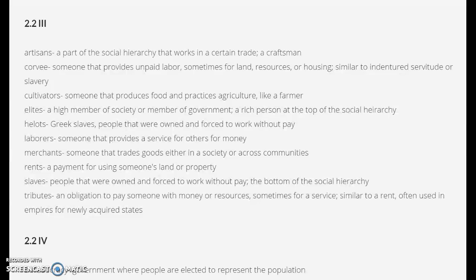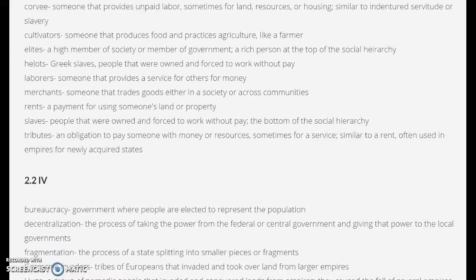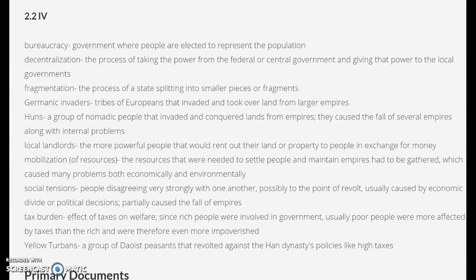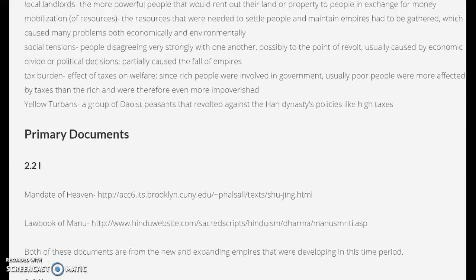Third one is about the social and economic dynamics, so things like the social classes and just economic stuff, like if you were a slave, you produced labor, or like the tributary states gave tributes to the government. And the last Roman numeral is about the groups that caused internal struggles and the groups that invaded and caused the fall of empires.